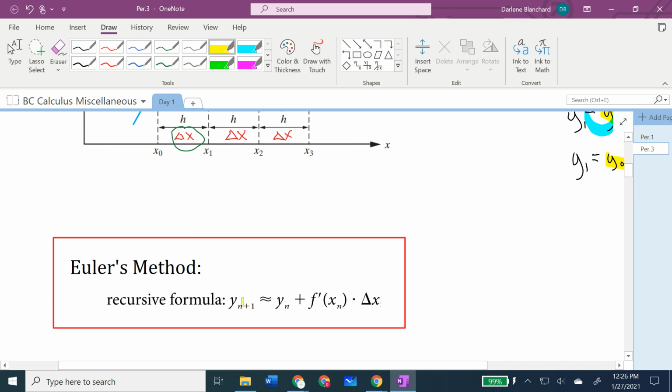It is saying to get each next y value, you take the previous y value, you add the slope at that same previous point, and then multiply by the step size.